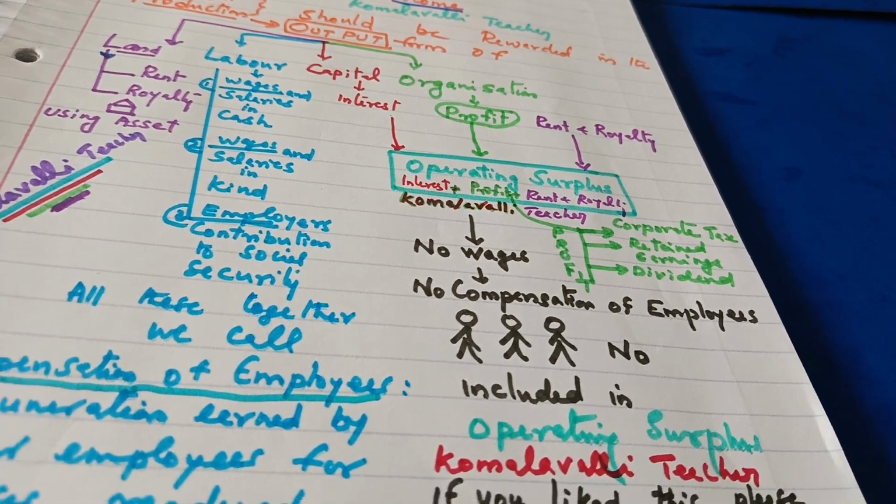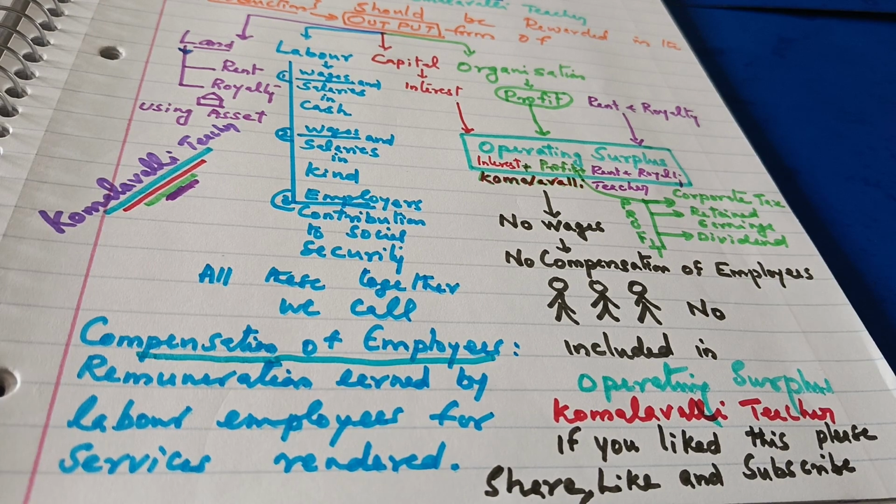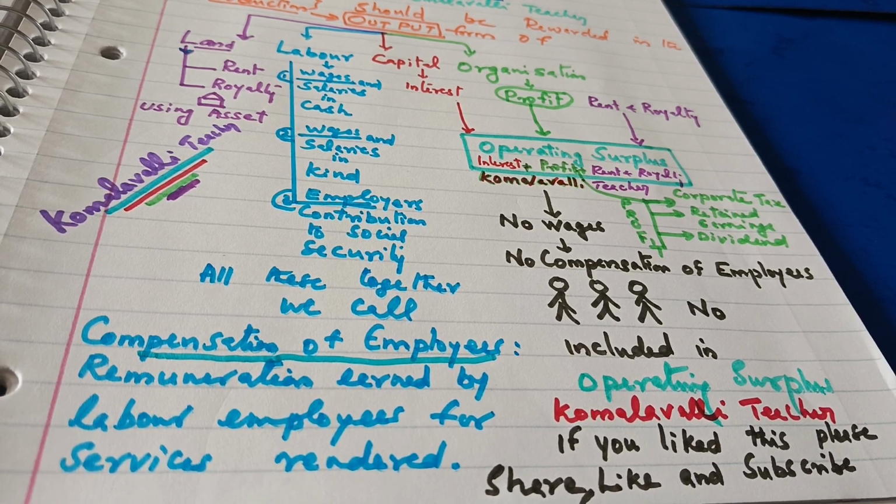And then sometimes the entrepreneur may be doing all the work. He may be renting his own land, using his own capital, his own labor, like that. Together we call it mixed income.